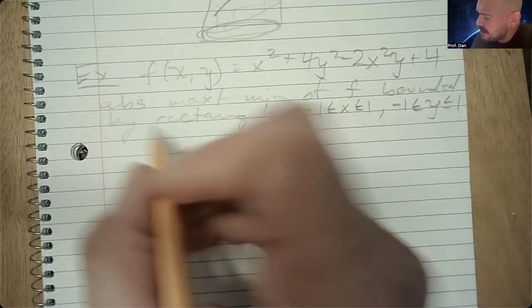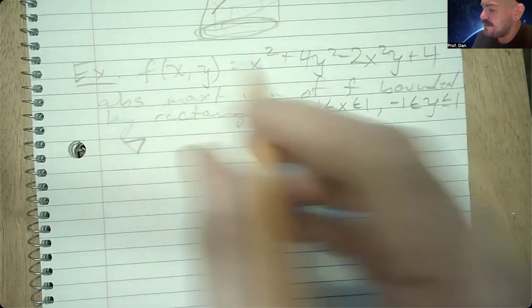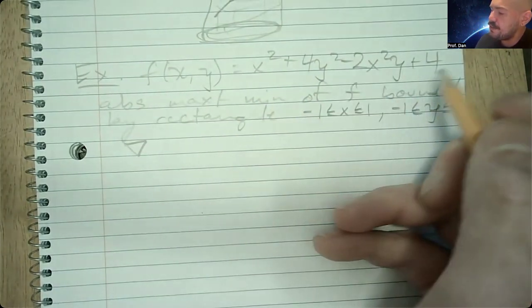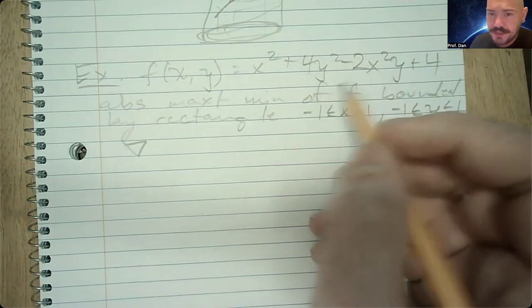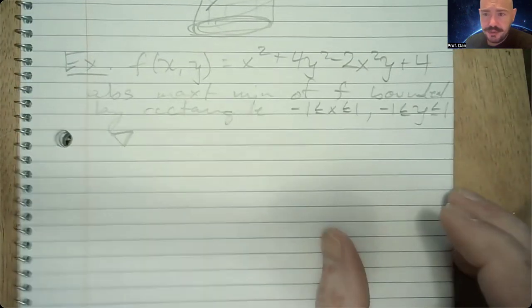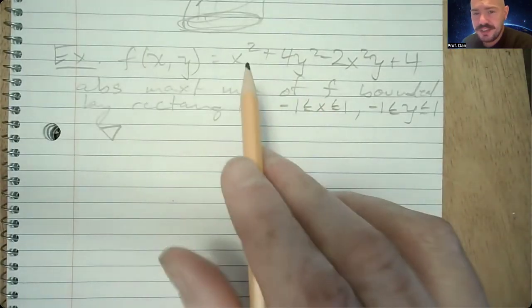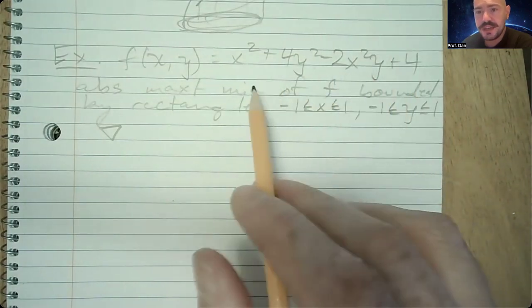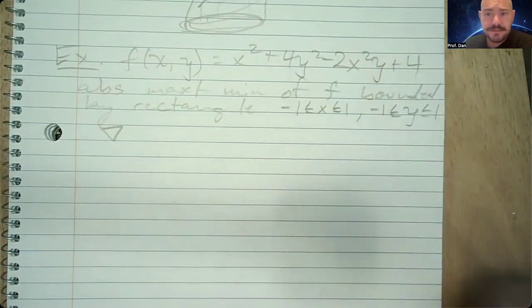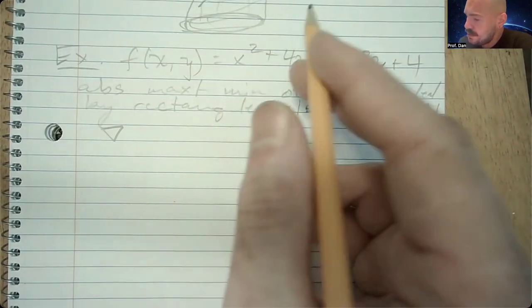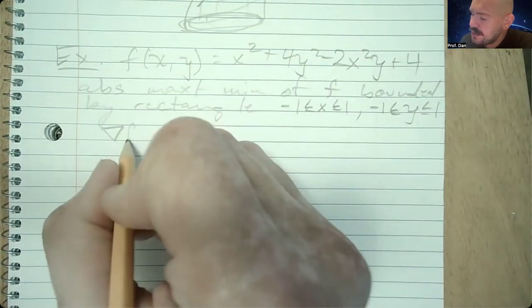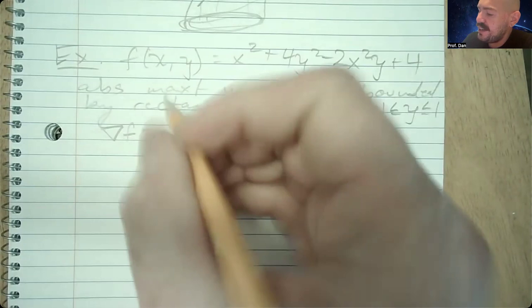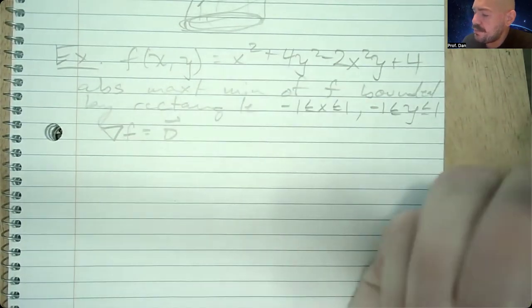So with that in mind, we'll start off with the simple case. First off, if I look at x and y, all the terms in my function, there are no math no-nos that can happen. I can plug anything in for x, anything in for y, and I will get a value for f. So with that said, I'm only going to get my critical values from setting my gradient equal to the 0 vector.